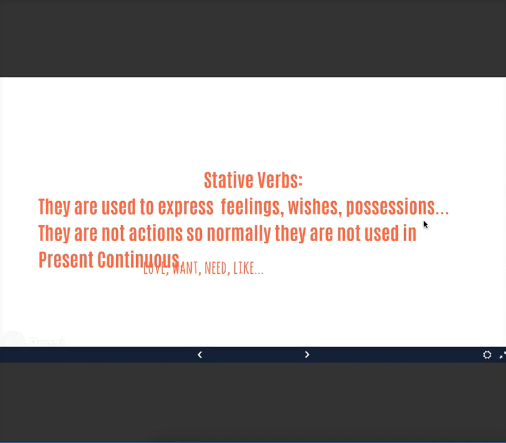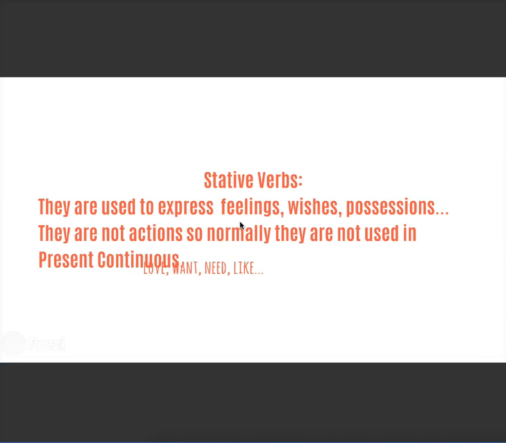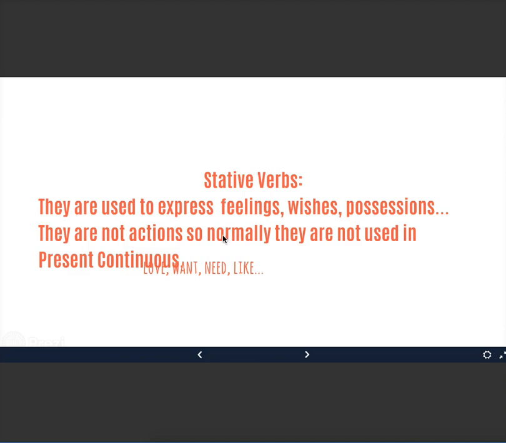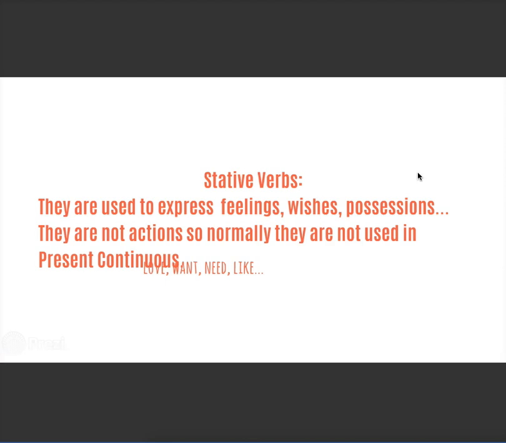Possessions? Posesiones. And what about feelings? Sentimientos. So guys, they are not actions. Esas no son acciones. Y como no son acciones, usualmente no usamos el presente continuo ahí.